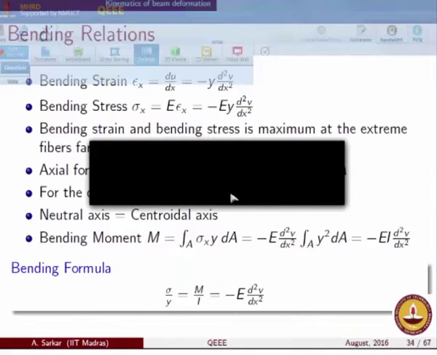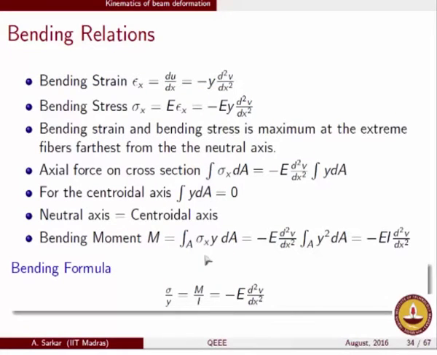So the integral of sigma y dA is the total bending moment on the cross section, that is, the stress acting on the strip dA will result in a force that, multiplied by y, will give me the total bending moment. Now E d2v dx2 can be pulled out, and the y present within the integral will multiply the y within the stress and lead to y square.